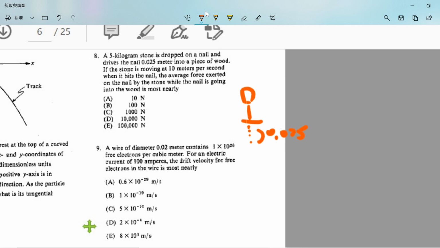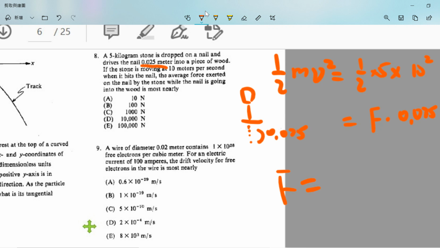This is basically energy conservation. We have the kinetic energy, which we can compute. The speed is 10 meters per second. The kinetic energy equals the force times the distance the nail goes in.